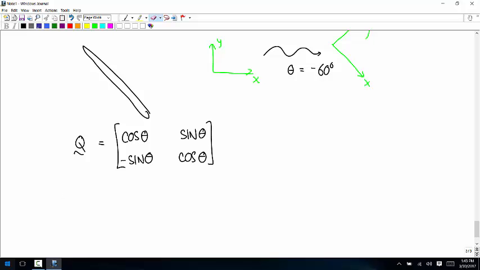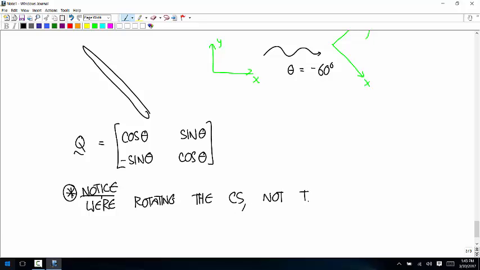Here's the important thing to remember. We're rotating the coordinate system. Not the member.